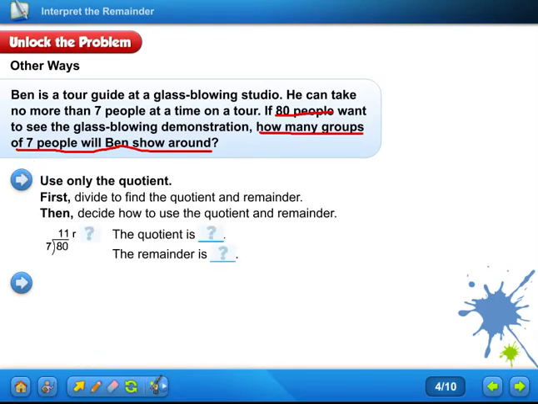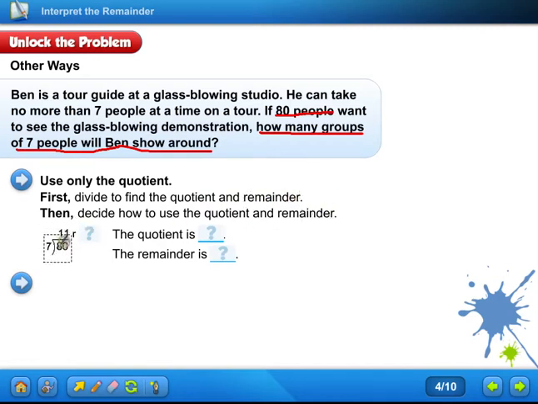So first what we're going to do, use only the quotient. First, divide to find the quotient and the remainder. Then decide how to use the quotient and the remainder.